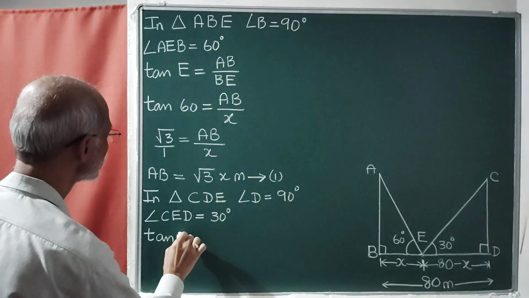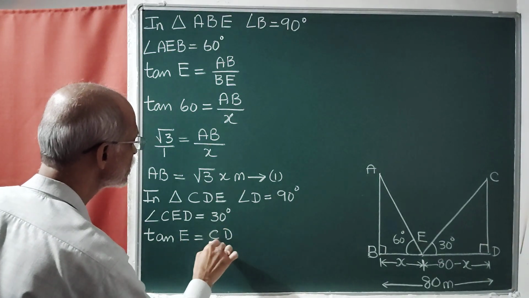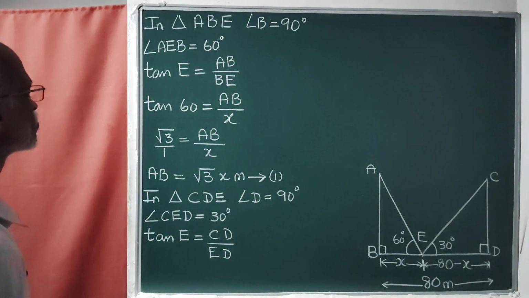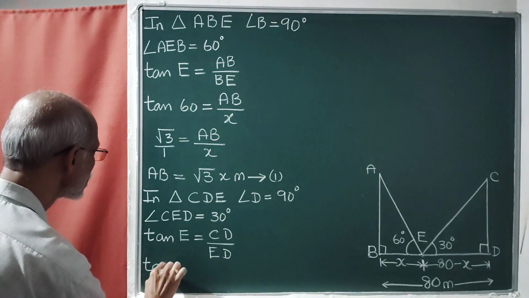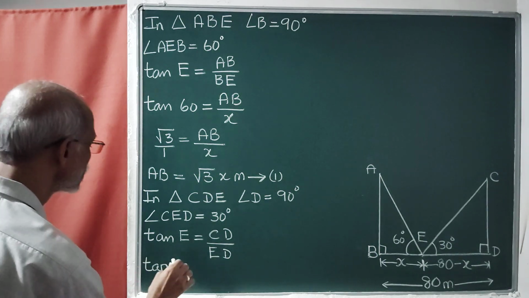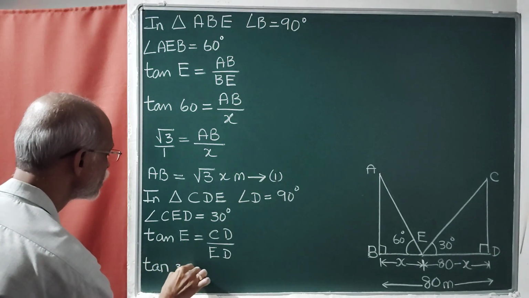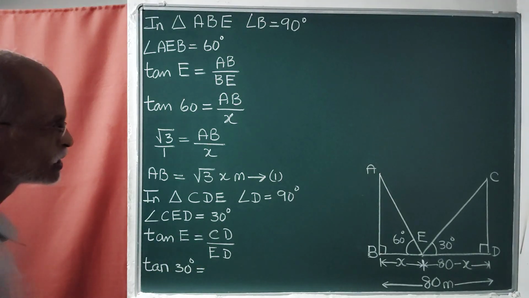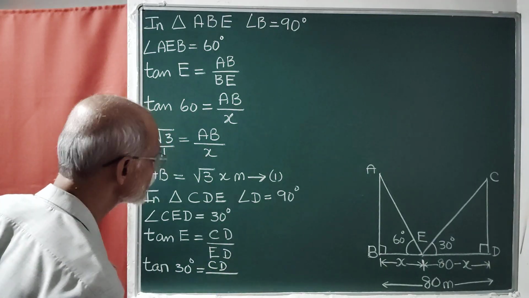Tan E is equal to CD by ED. So tan 30 degrees is equal to CD by 80 minus x.